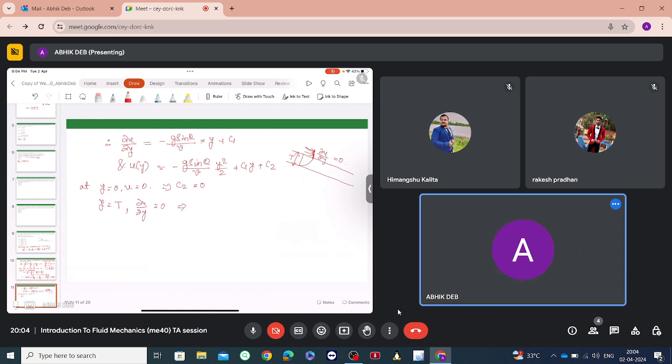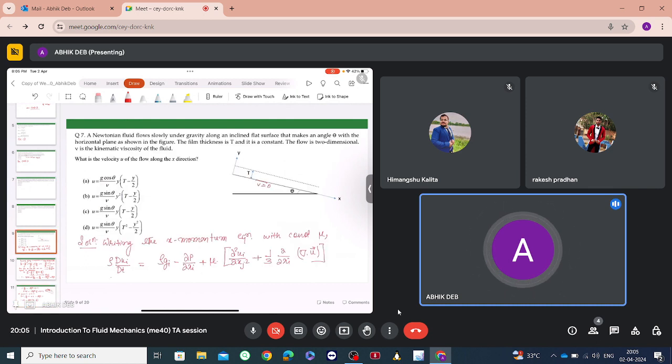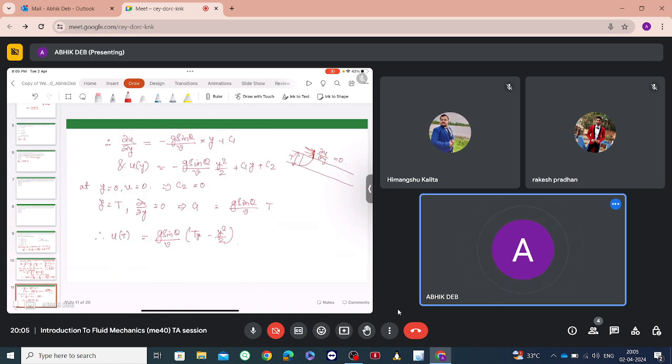That is, c1 is equal to g sine theta by nu into t. Therefore, u is equal to g sine theta by nu into (ty minus y square by 2). So this is the required expression, which is option number C.